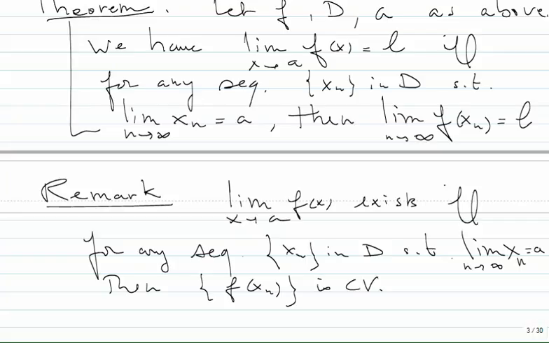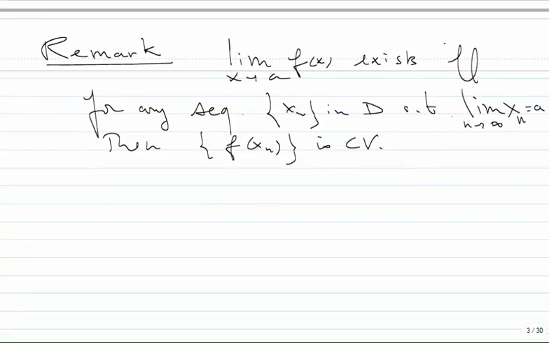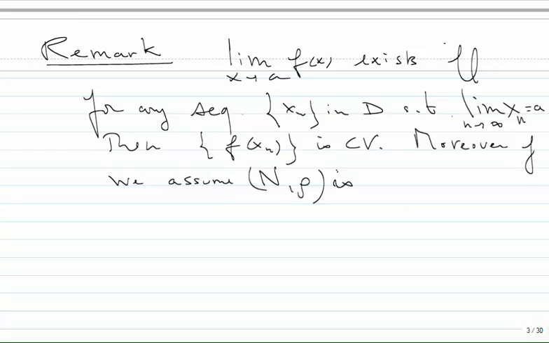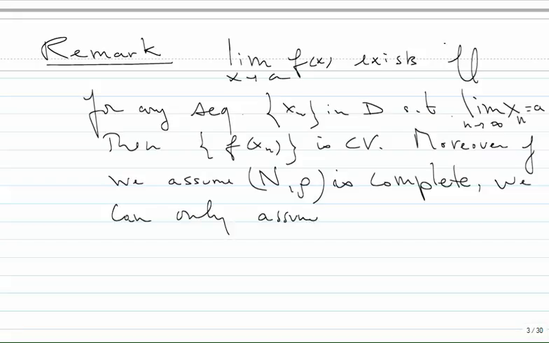And if we assume that the target set N is complete, moreover, if we assume N is complete, then in this case, instead of f of xn convergent, we can only assume Cauchy. f of xn is Cauchy.